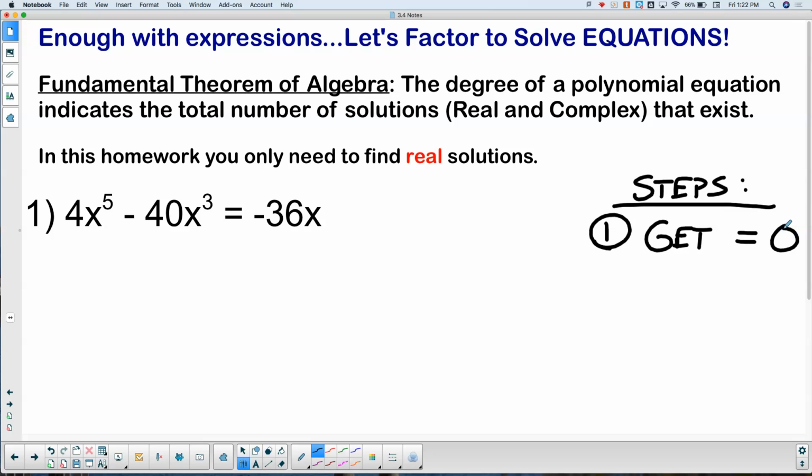First step is you're going to get it equal to 0. So I would add 36x to both sides.